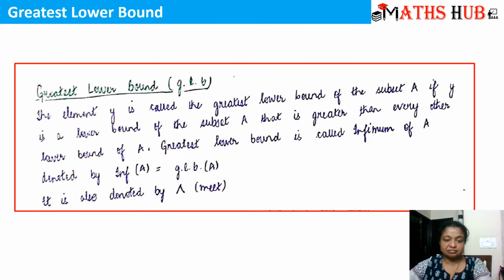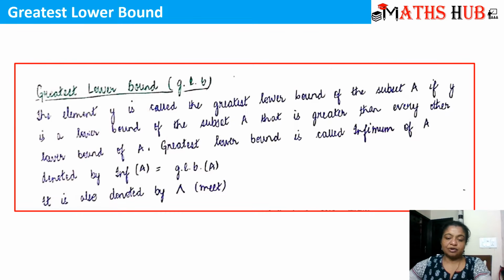So it is normally called by the name GLB. So any element y is called the greatest lower bound of the subset A if y is a lower bound of that subset A that is greater than every other lower bound of A. So from the lower bound set, whichever lower bound is the greatest in rank in your POSET, that will be declared as the greatest lower bound.